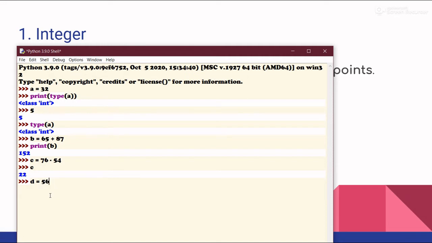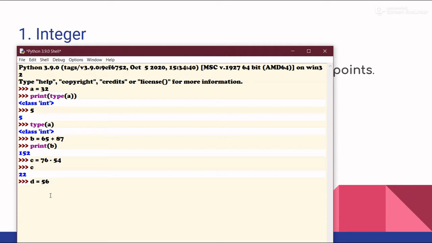Okay, now let's see what happens when I try to multiply. So first of all, what is the multiplication sign on the keyboard? Now there is something that looks like a multiplication sign, but that is not an actual multiplication sign. It's x on the keyboard, right? We can say 56 times 5, but this will not work. Python will not treat x as a multiplication sign. So what can we use here?